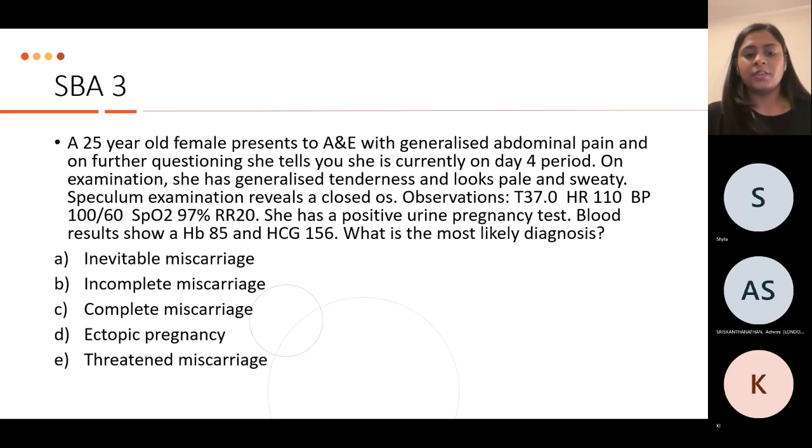The observations are a temperature of 37, she's tachycardic at 110, her blood pressure is 100/60, and she's got normal SpO2 and respiratory rate. She has a positive urine pregnancy test. Blood results show a Hb of 85 and a HCG of 156. What is the most likely diagnosis?